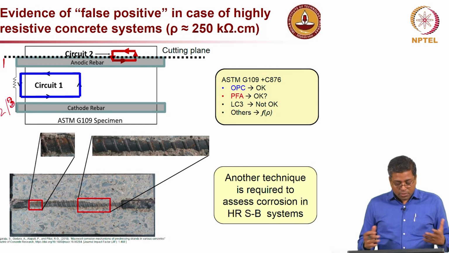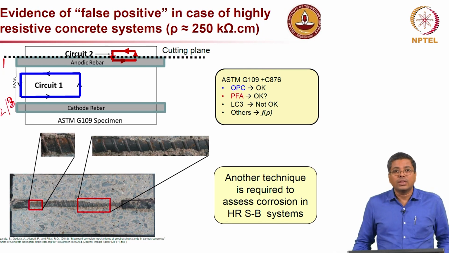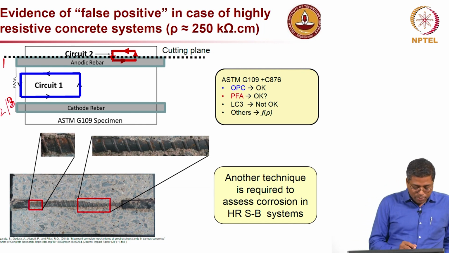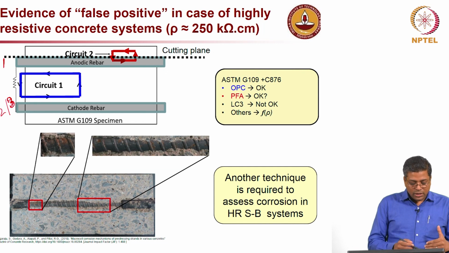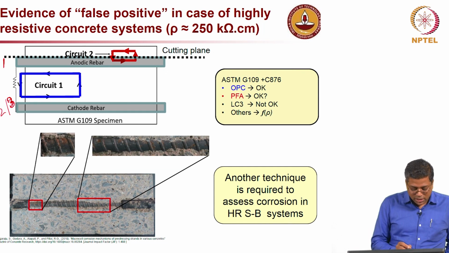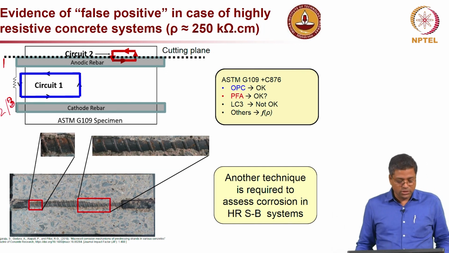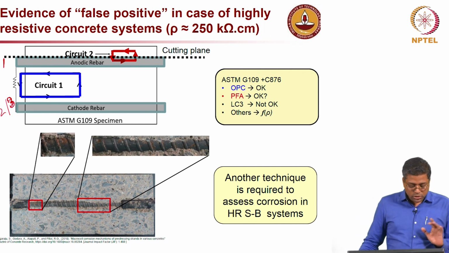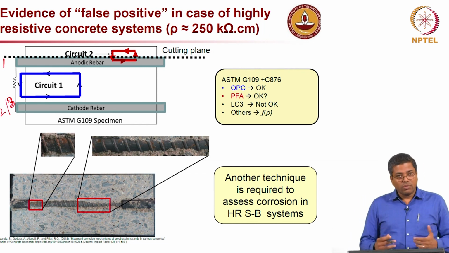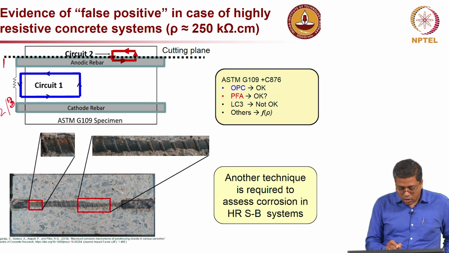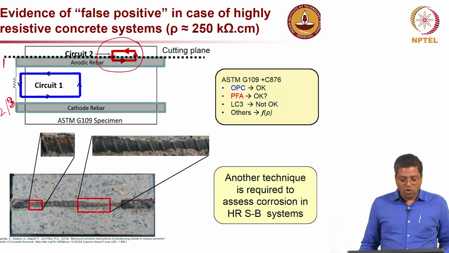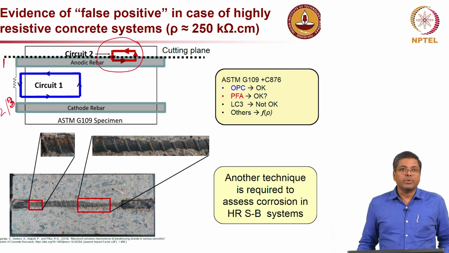But is it okay to conclude that the system is performing well? Maybe not always, because in this particular test we usually measure the current in circuit 1, the blue circuit, but what is actually happening is that corrosion occurs with both anode and cathode formed on the same top rebar.